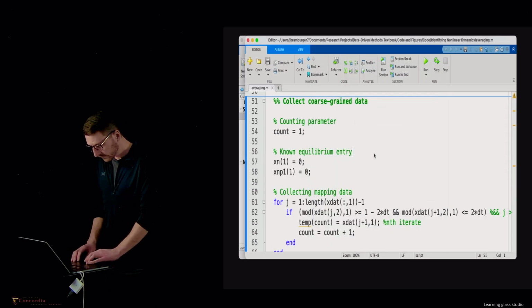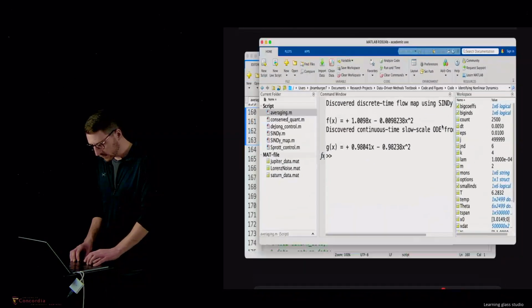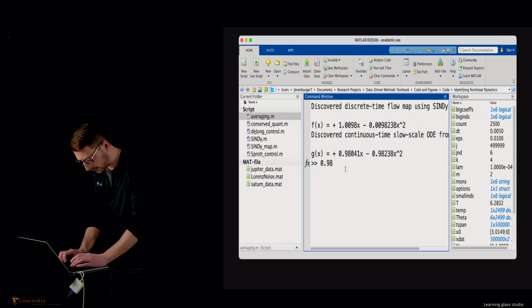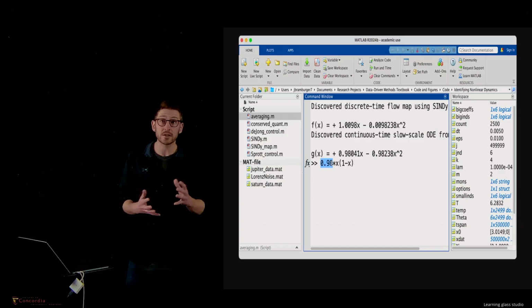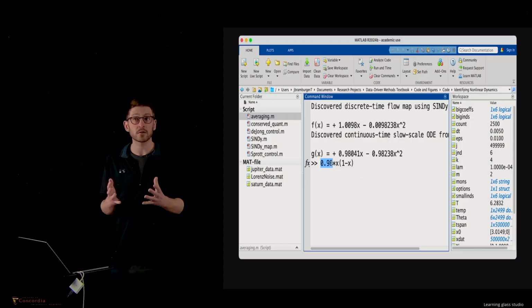So if we run this again, let's take a look at what the slow timescale model turns out to be. Here again, if I just write this out for you, the leading value is about 0.98. That means that it's off by this second digit. Remember, epsilon was 0.01, so we're off by a multiple of epsilon again.